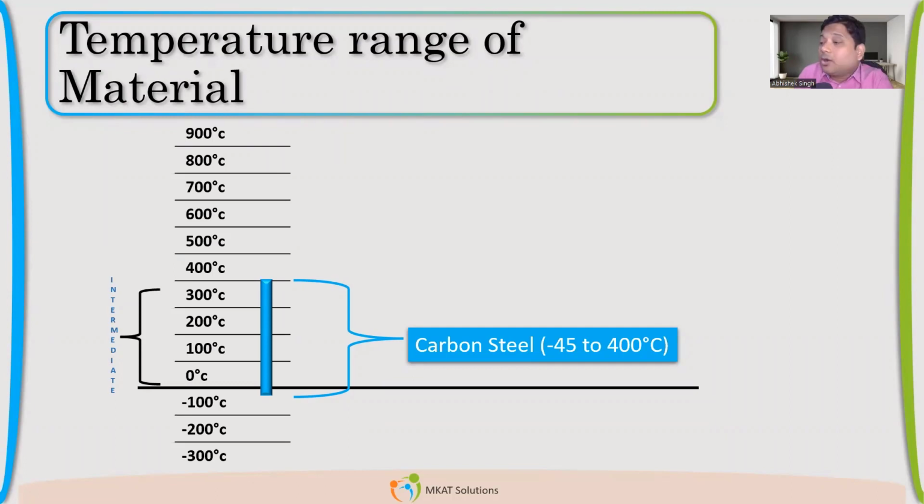Now, what is the factor which limits SA 516 grade 70 or low carbon steel at low temperature, below -45, let us say -50, -60? Brittleness. Exactly right. Not strength, Shiva. Strength is as good as at normal room temperature, but it becomes brittle. It loses its ductility, and that is the reason for restriction at the lower temperatures.